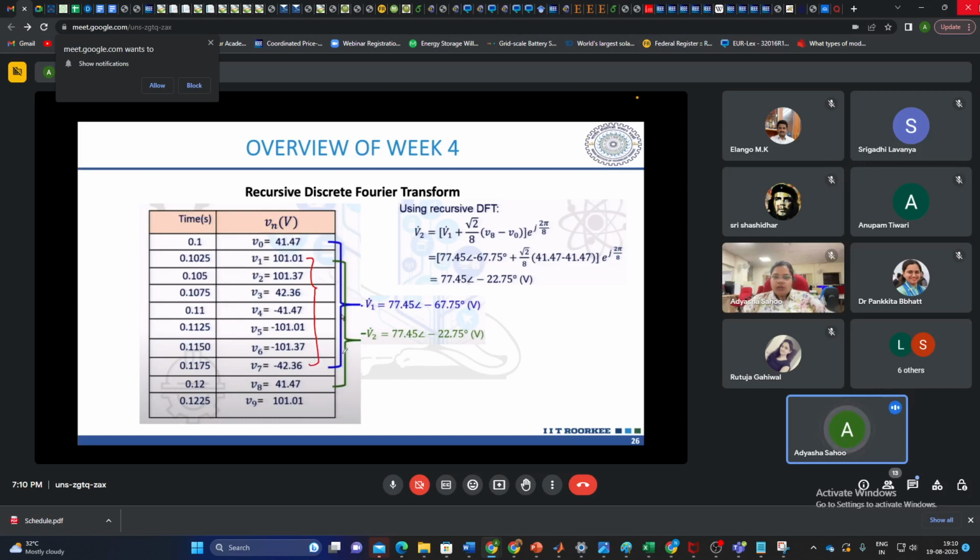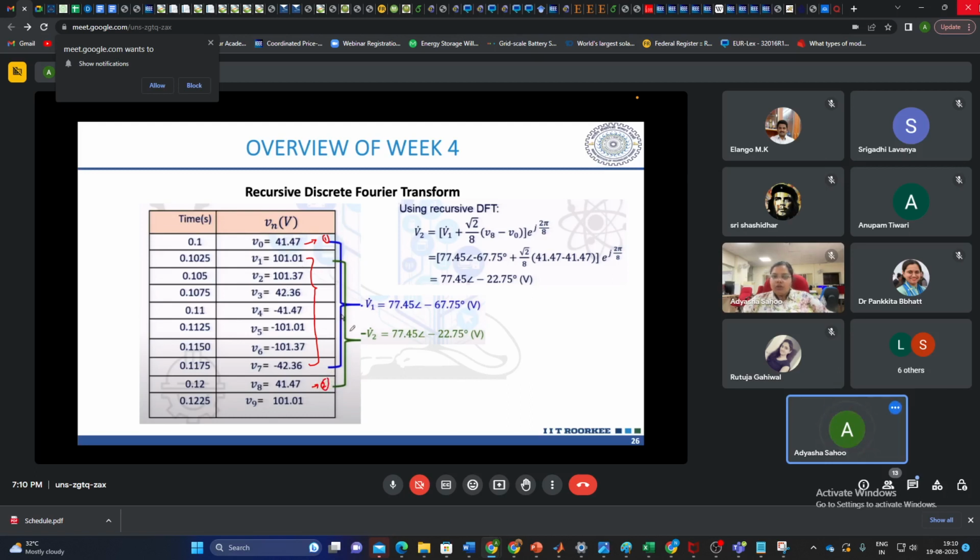The only difference is window 1 has this one additional sample at first, and the second window has this data point. Rest all data points are the same.